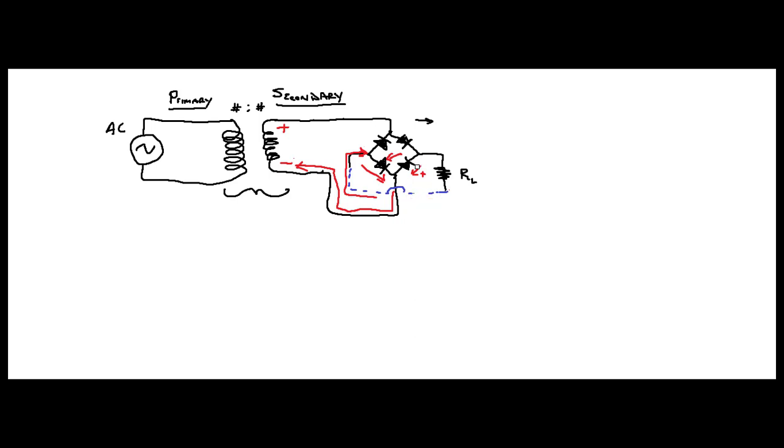So by deduction, when we change the polarity on the voltage, the two that were off are going to be on, and the two that were on are then going to be off. And that's what I'm going to show you right here.